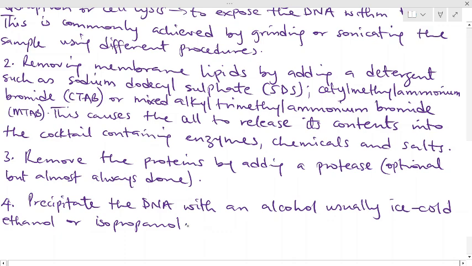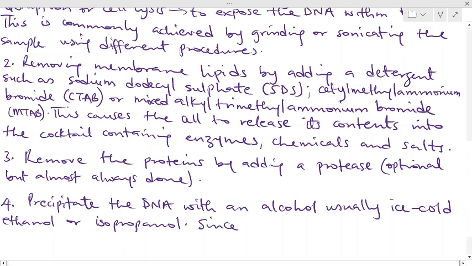Since the DNA is insoluble in these alcohols, it will aggregate together, giving a pellet upon centrifugation. These steps also remove alcohol soluble salts. All right, so we'll take that down.